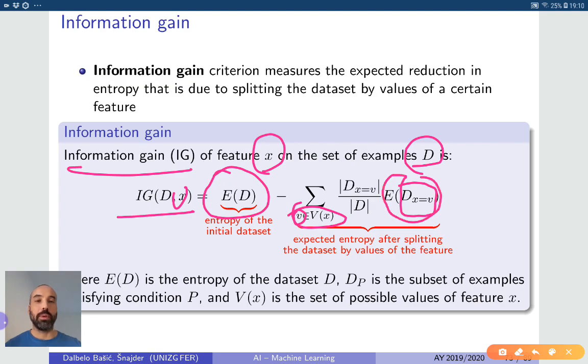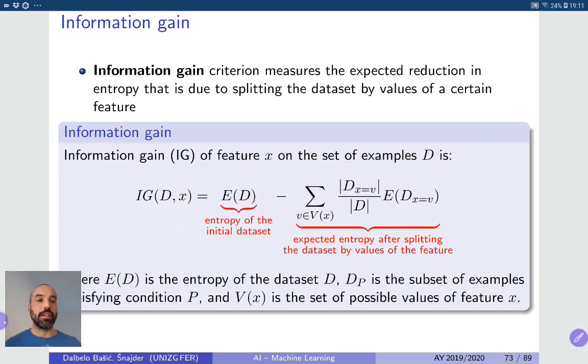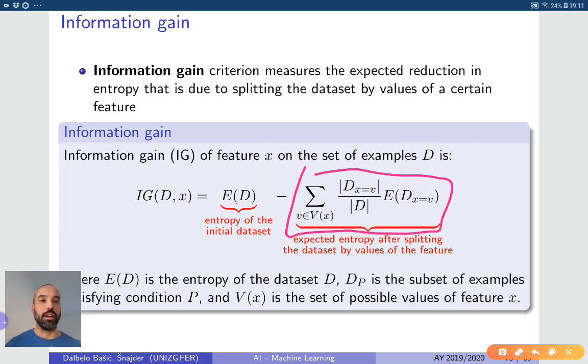Since there's going to be a number of entropies because there's a number of branches, it will weigh them by the number of instances in this branch divided by the total number of instances. This gives us the relative size of the subset, or the ratio of examples in a certain branch. Then it adds up these values for all the branches.